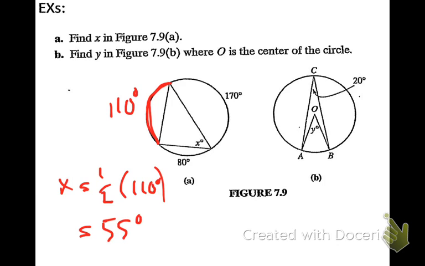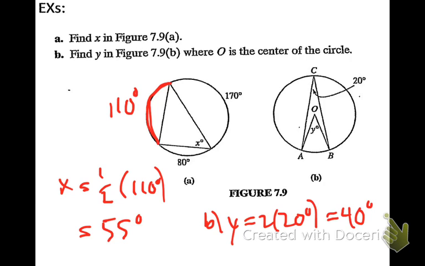What would y be? Chris? Yes, it'd be 40. It'd be 2 times 20. So in B, we've got y equals 2 times 20 degrees, which is equal to 40 degrees.